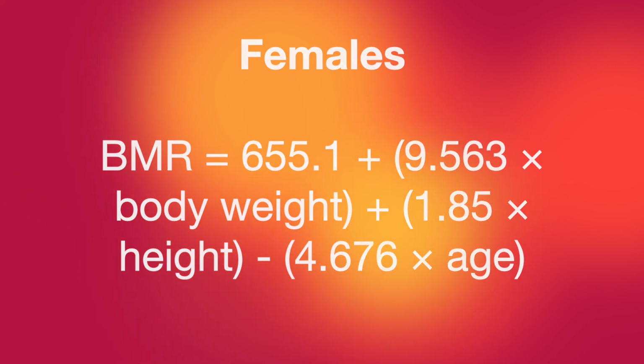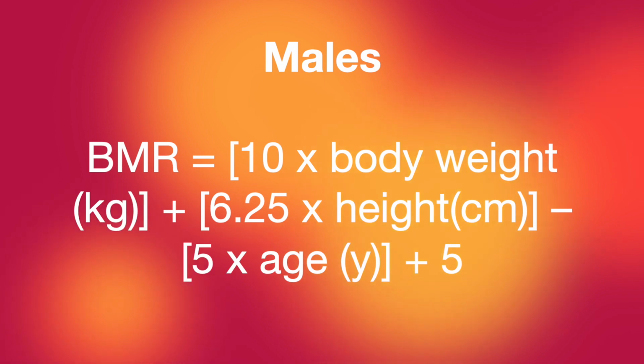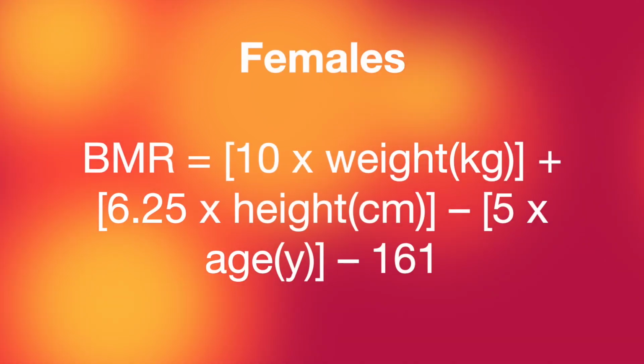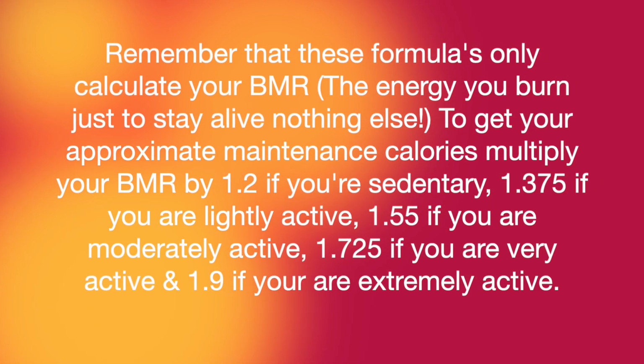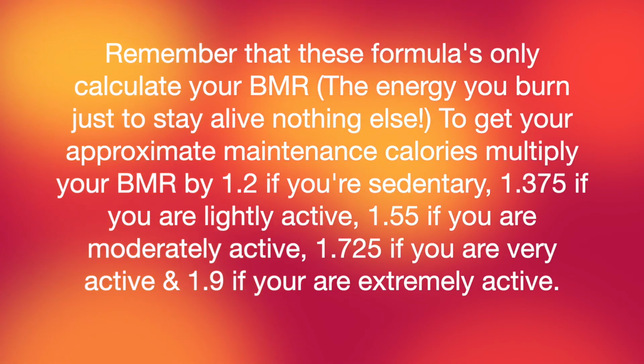There's different formulas for male and female, so choose which one and then go from there. The calories you get from those 2 formulas would be your estimated maintenance calories. So remember, calories in equals calories out, so you'll be maintaining your weight approximately on those calories.